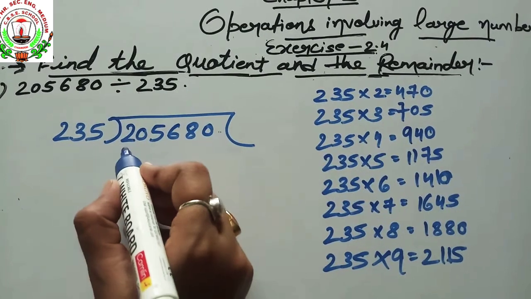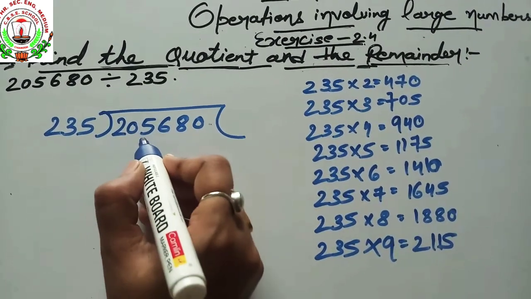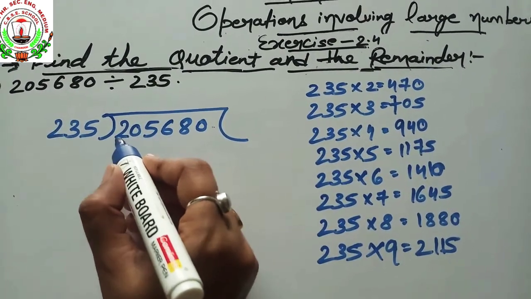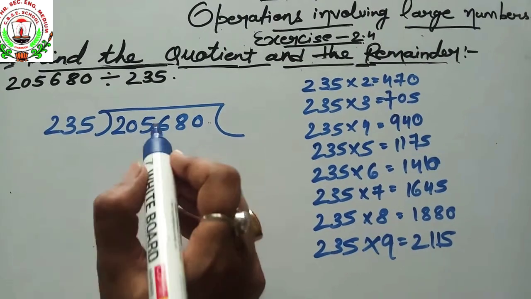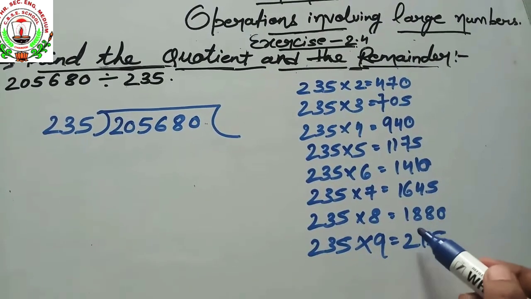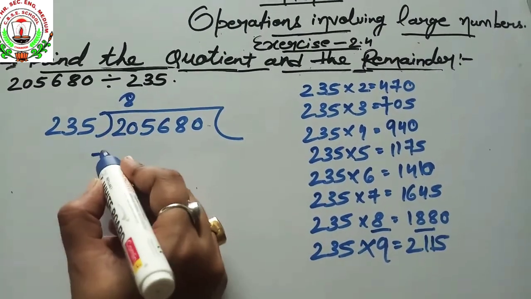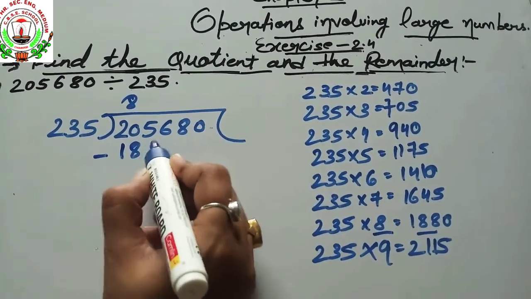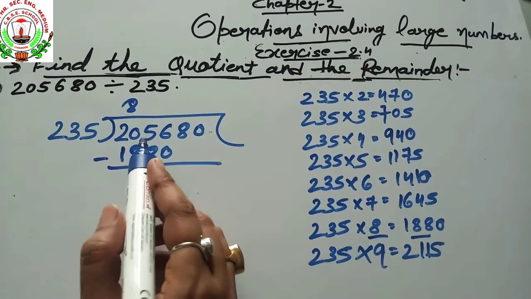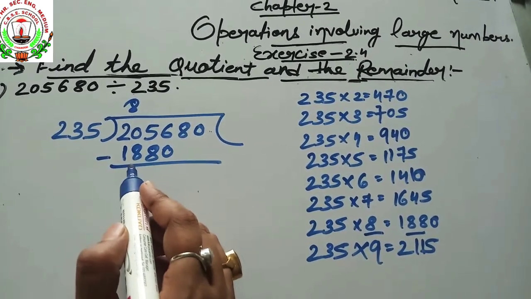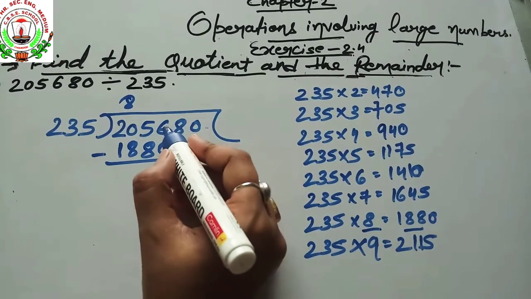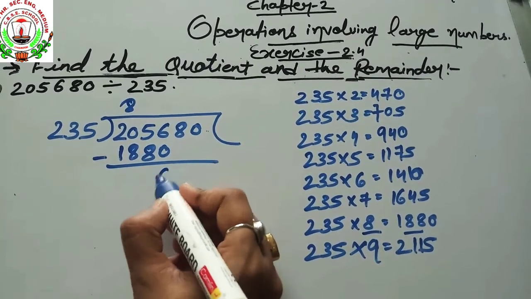We have to select the number that is less than 2056. Here you can find that 8 times it will come, 1880. Now after writing this, we have to subtract. So 6 minus 0 is 6.